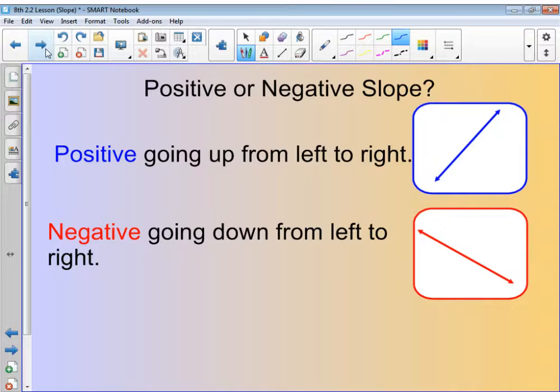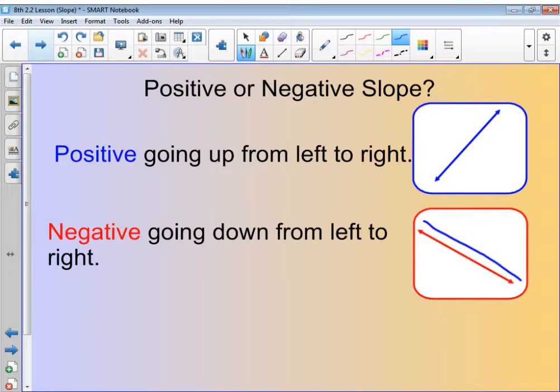If this was money and you were increasing in money going up, that's a good thing. A negative slope would be when your line is going downward from left to right. Same thing, if you're thinking of money, that's a bad thing if you start out with a lot of money and now you have very little money. So if your line is going in that manner, then it would be a negative slope.